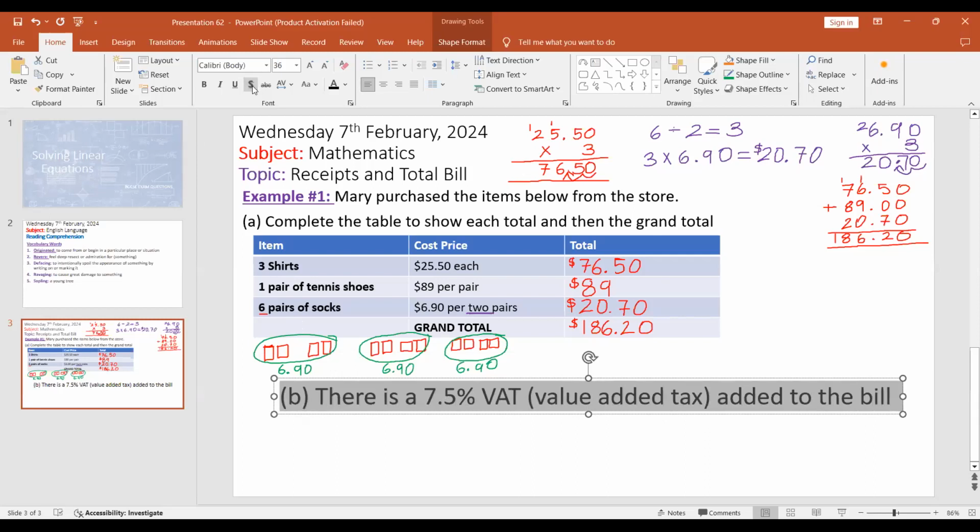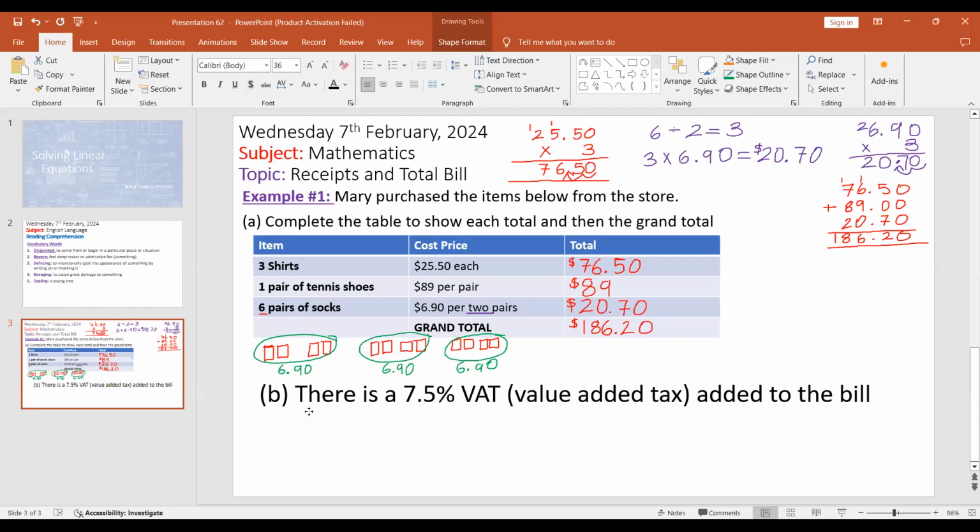Can I say how I think we do this? Okay, wait one moment, let me finish writing it down.